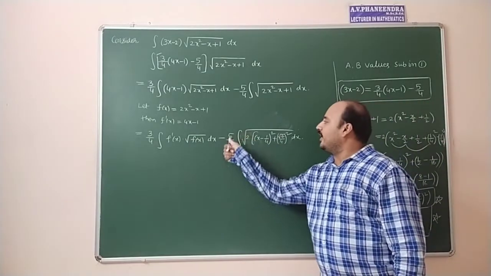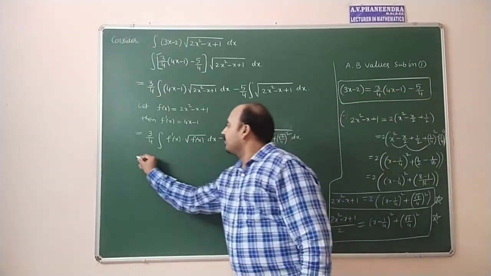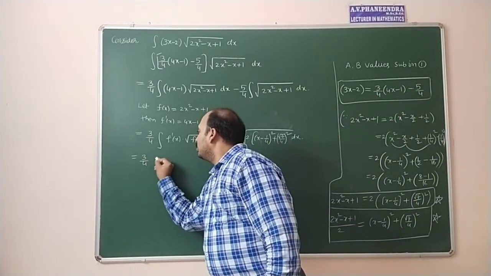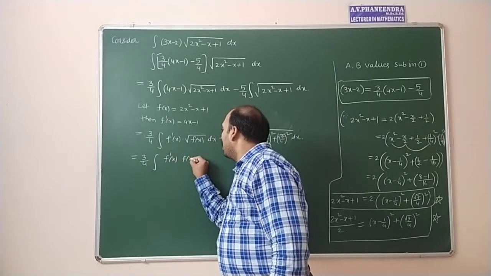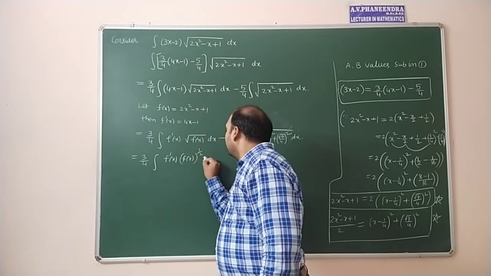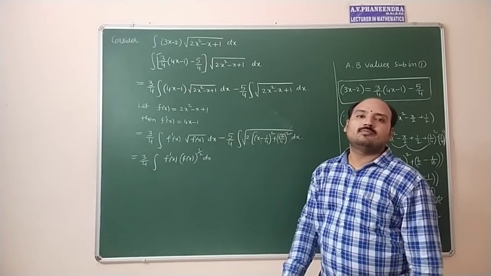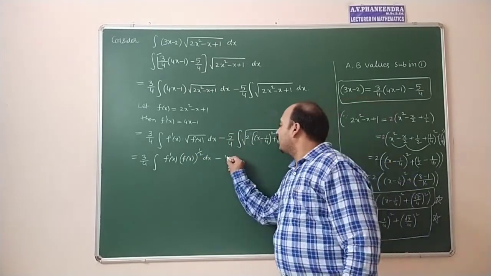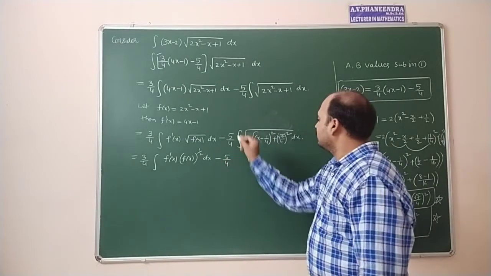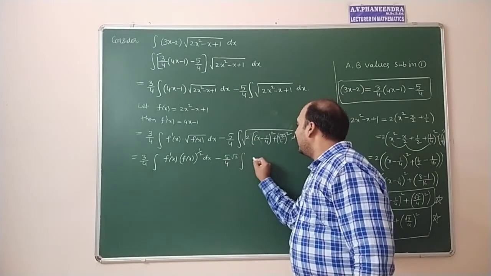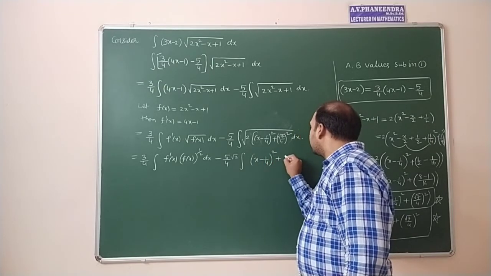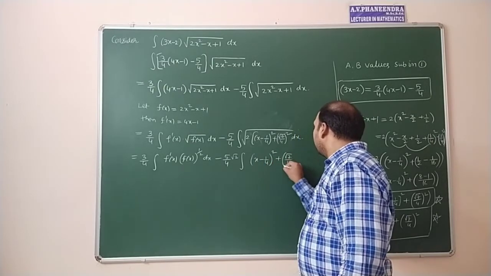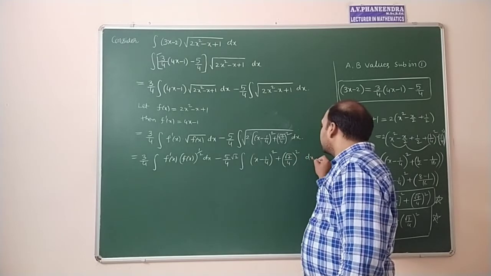Now 2 we can take outside of the root, it becomes 3 by 4 into integral f dash of x into f of x whole power 1 by 2, minus 5 by 4 root 2 outside, integral square root of x minus 1 by 4 whole square plus root 7 by 4 whole square into dx.